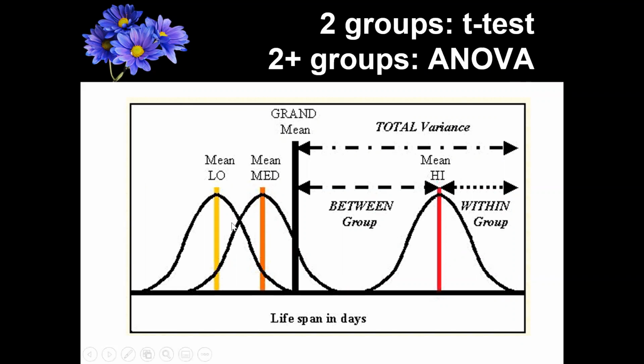So in this example here, say we're looking at amount of exercise and lifespan. If you exercise a lot, here's your lifespan. If you exercise a medium amount, here's your lifespan. If you exercise very little, here's your lifespan.